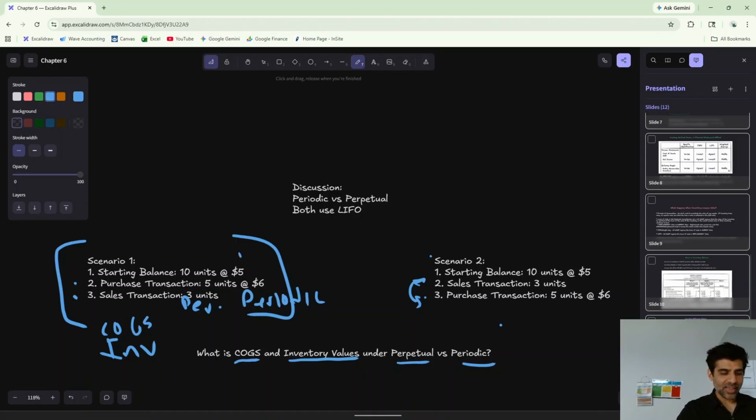I'll give you a hint. You should see that under the perpetual, you'll have two different values, but the periodic is going to end up with the same. And they both use LIFO. So see if you can come up with that.